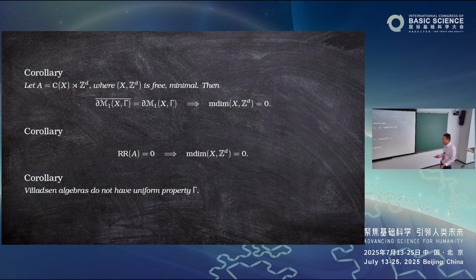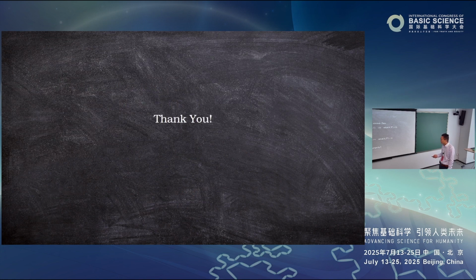But as a corollary, there are some AH algebras which are not Jiang-Su stable. Then they cannot have uniform property gamma, because in that setting, uniform property gamma is shown to be equivalent to Z absorption. So I stop here. Thank you very much.